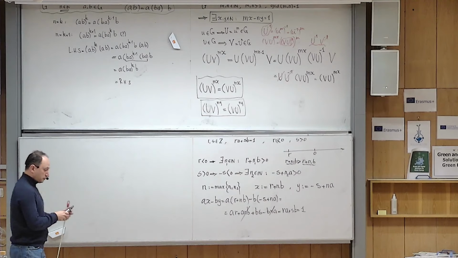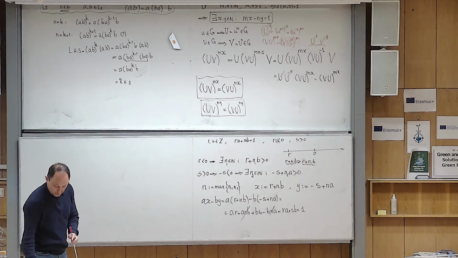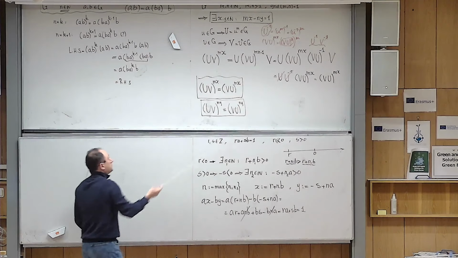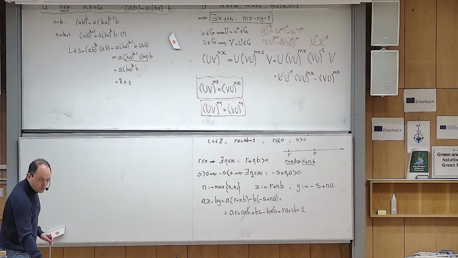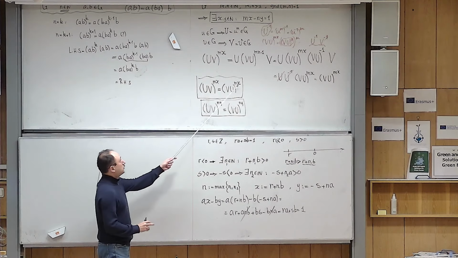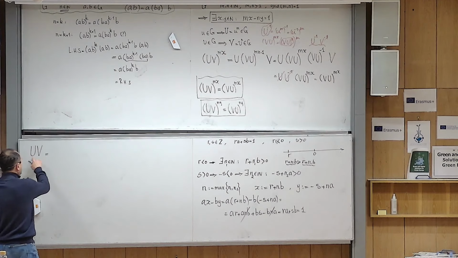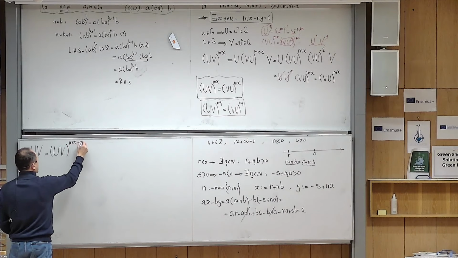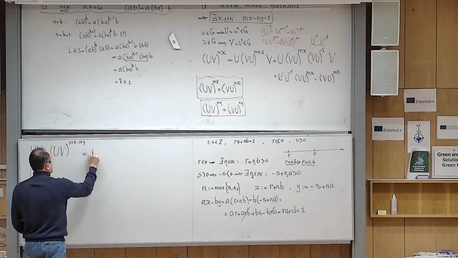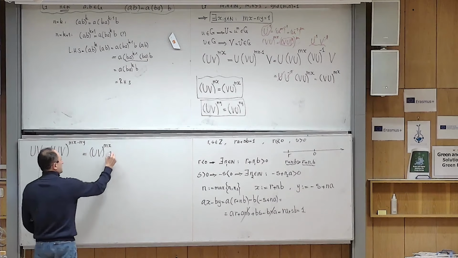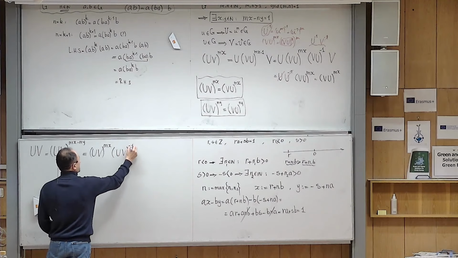So now I will take one typical mth power, another typical nth power, and I want to convince you that they can commute even if this exponent is absent. So I can write UV as (UV) to the power of 1, but instead of 1, I write mx minus ny. And then what happens? I can break it into two parts. This one to the power mx, and then this one to the power minus ny.